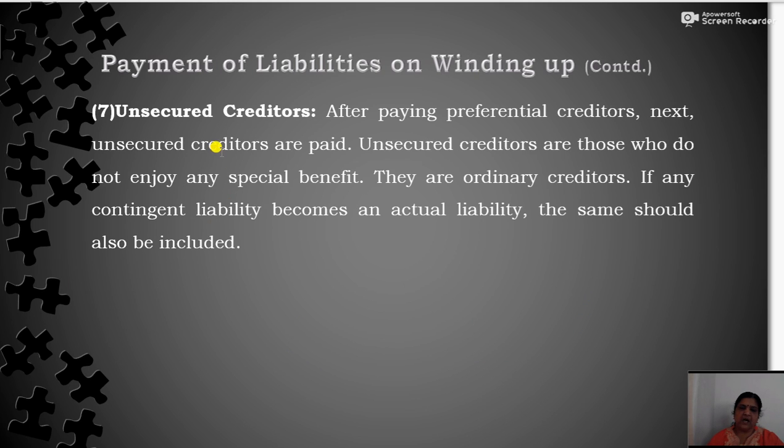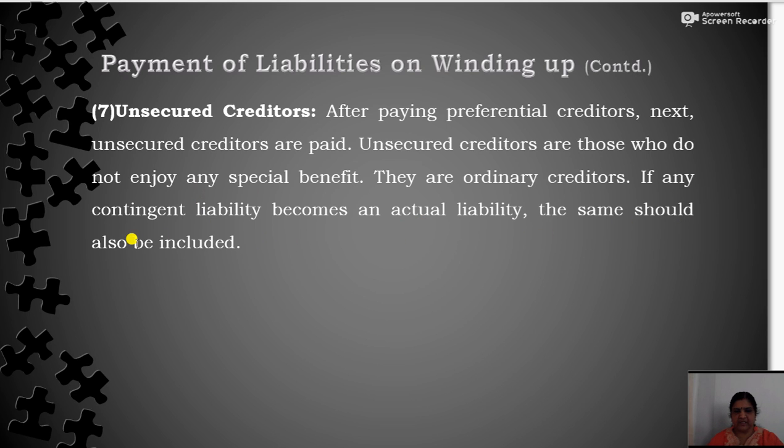Then comes unsecured creditors. So after making payment to the preferential creditors, next is unsecured creditors. Unsecured creditors are those who do not enjoy any special benefit. Okay, so they are ordinary creditors. If any contingent liability becomes an actual liability, the same should also be included.